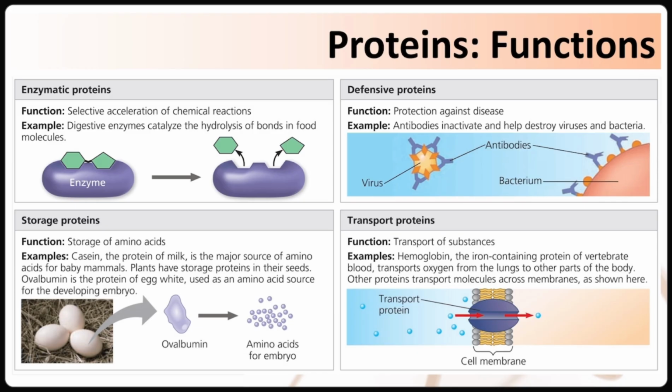Okay, it also functions as transport of substances. We have here hemoglobin, the iron-containing protein of vertebrate blood, which transports oxygen from lungs to the other parts of the body, together with the other organs in the circulatory system, right?